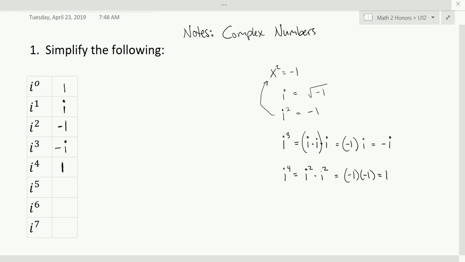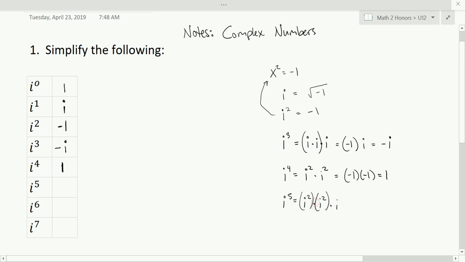How do you know? Okay, so you're thinking this is i squared times i squared times i. And so this is -1 times -1, which is 1 times i, so you're just going to end up with i. Yeah, one way to think about it.